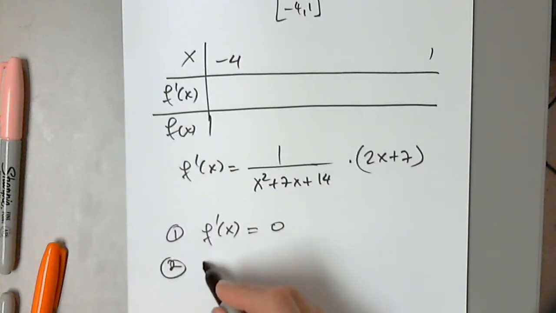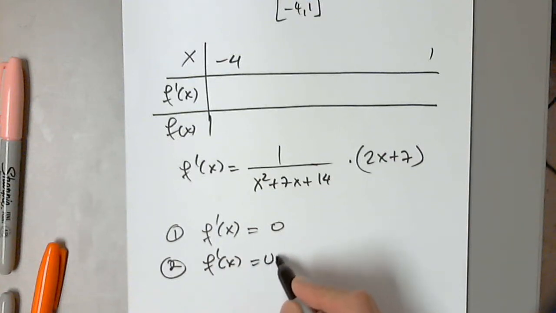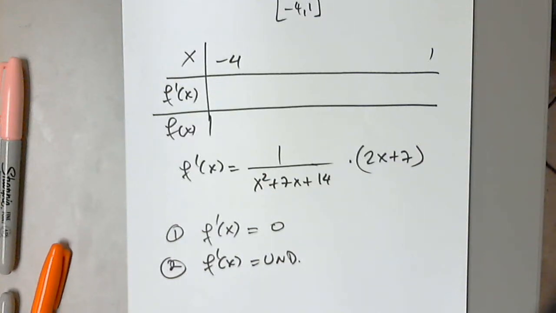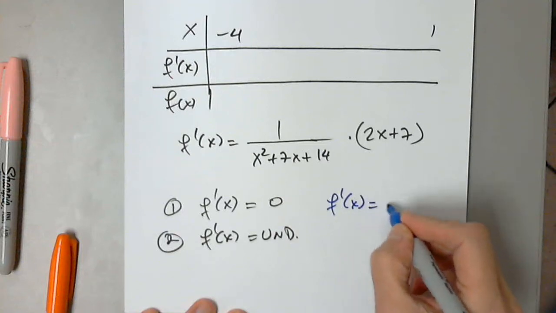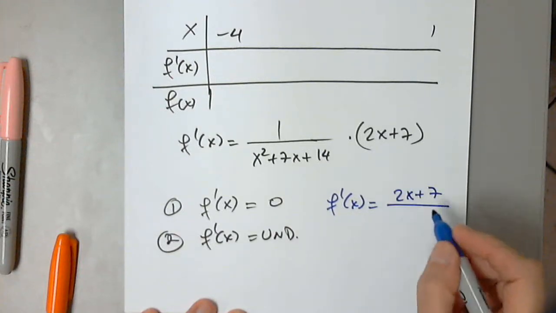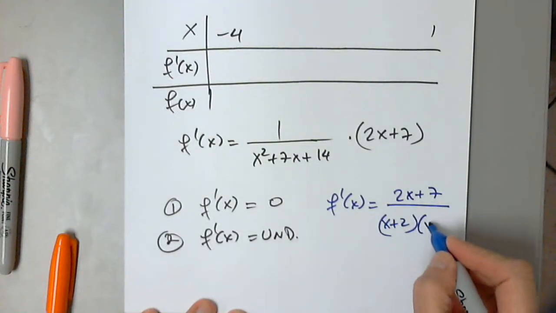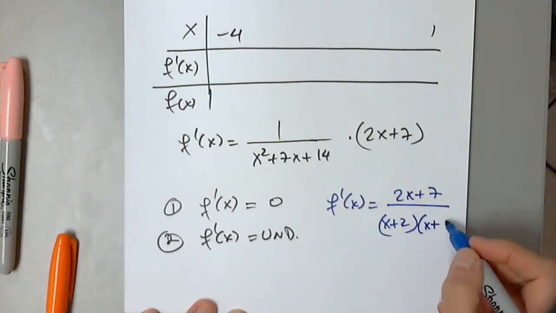But if it does, it may have critical numbers coming from the equation f prime of x equals 0 or from f prime being undefined.